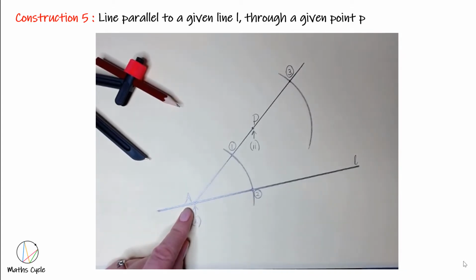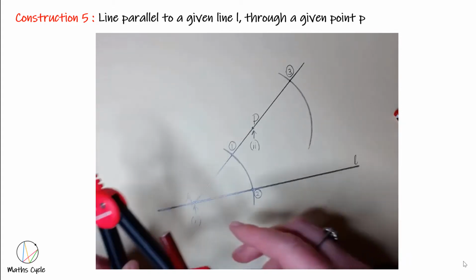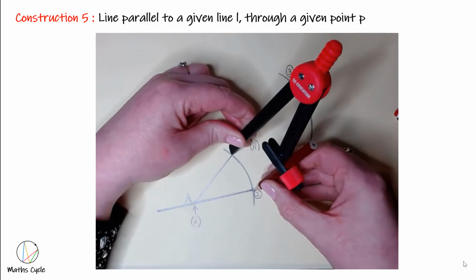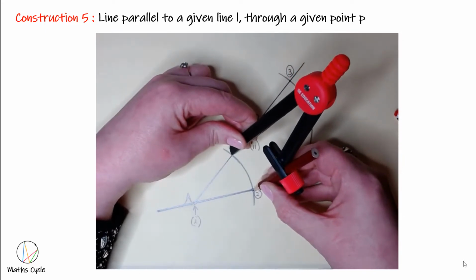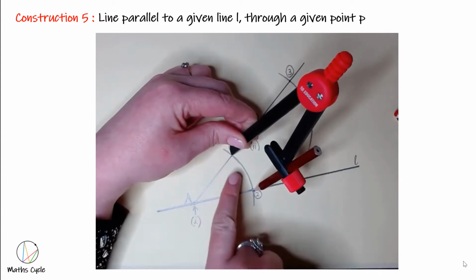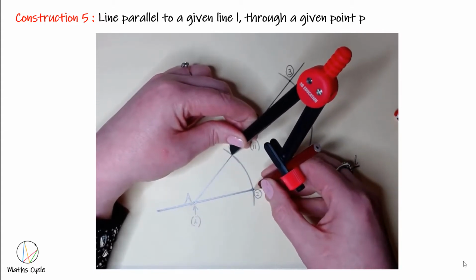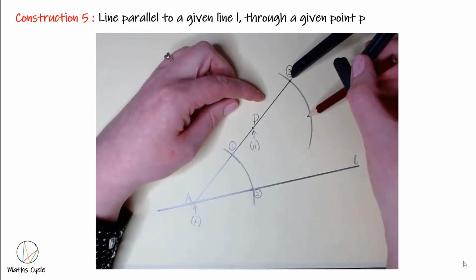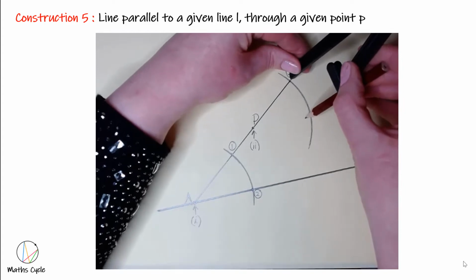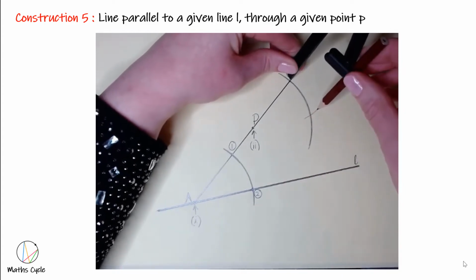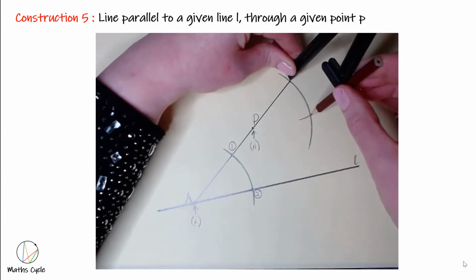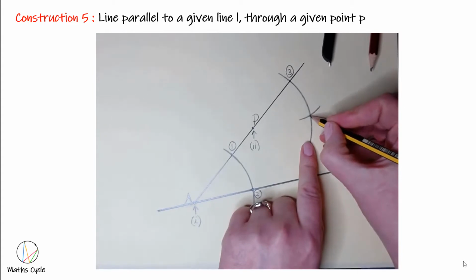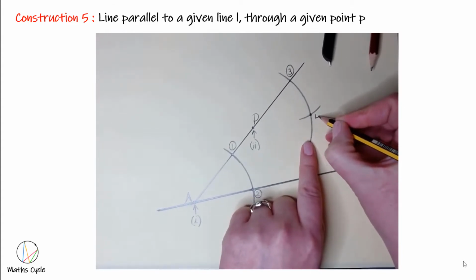So put your point on 1 and your other point on 2 to set the width. Then bring it up to the point 3, and see where this cuts our nice big arc. It intersects at the point 4.